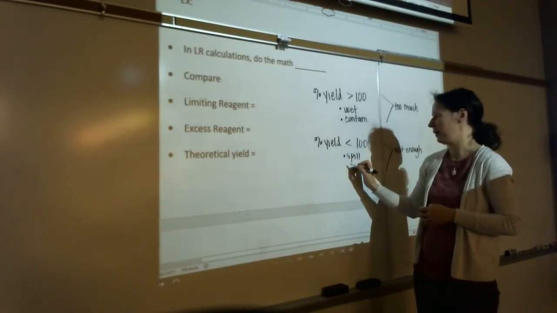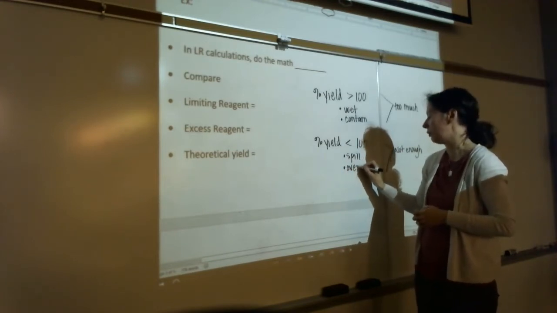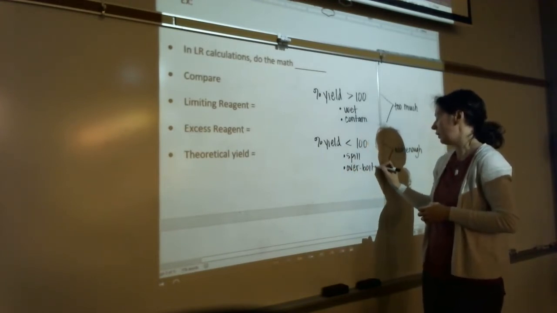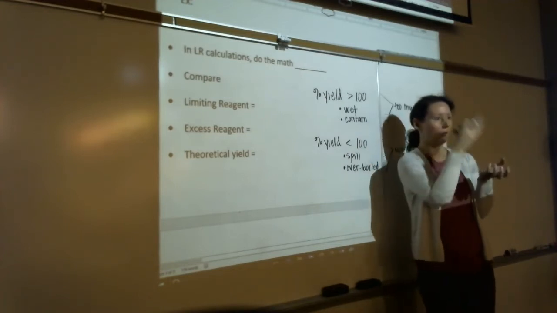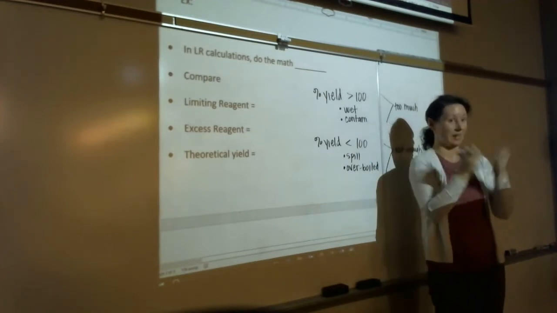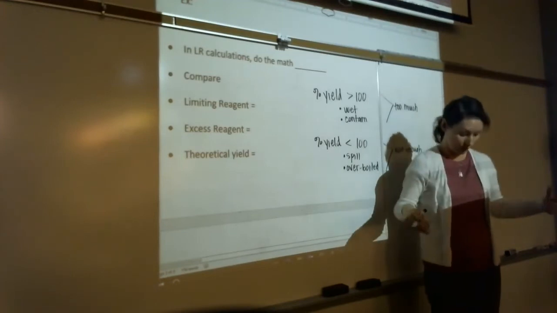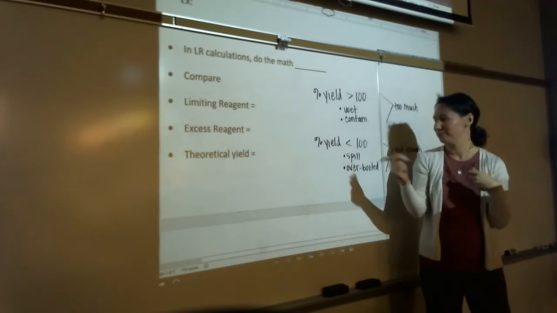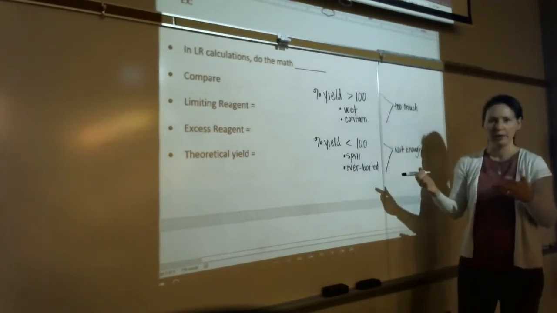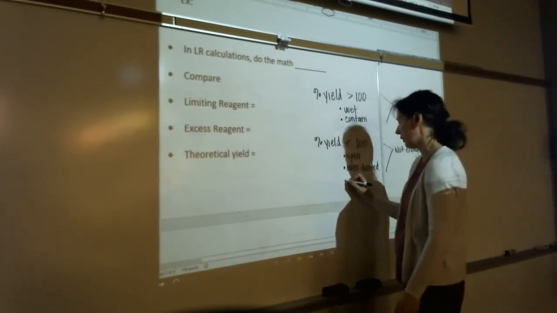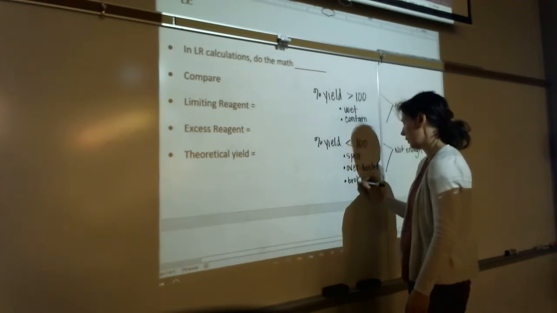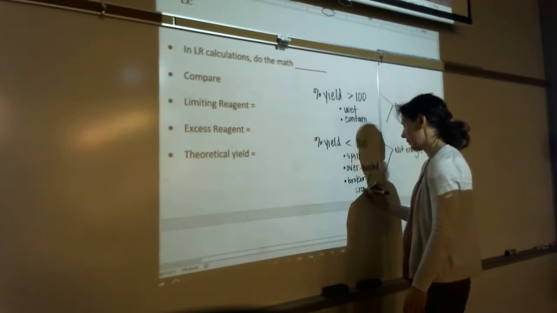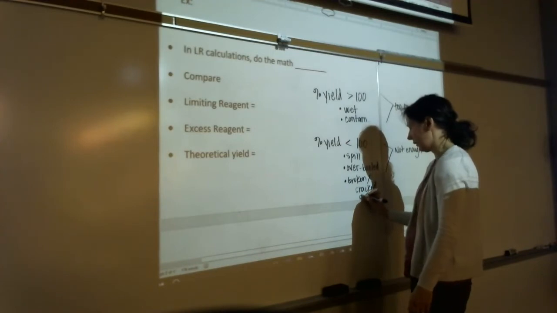Or maybe it overboiled. We've had that happen, when you're trying to boil off the solvent and it pops out, right? If your solid's all over the table and not in your beaker, obviously you're not measuring its mass. It overboiled, it spilled. Maybe you've got a broken or cracked glass and it leaked out.